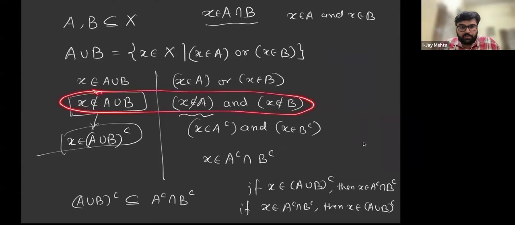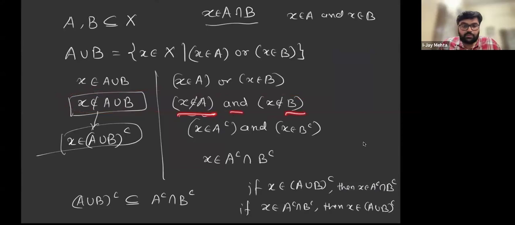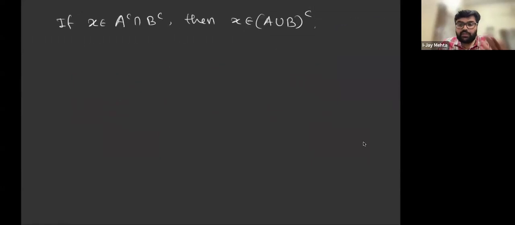X is not in A union B. You already negated this. X is not in A and X is not in B. So it cannot be in the union. If it is not in the union, then where is it? It is in the complement of A union B. Those who understand say yes. Those who want me to repeat once again say no.